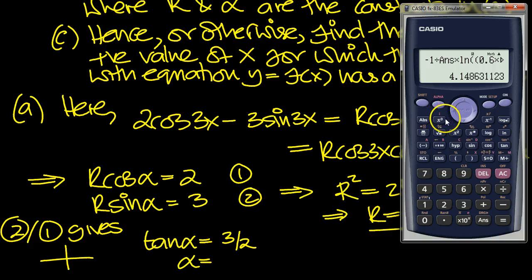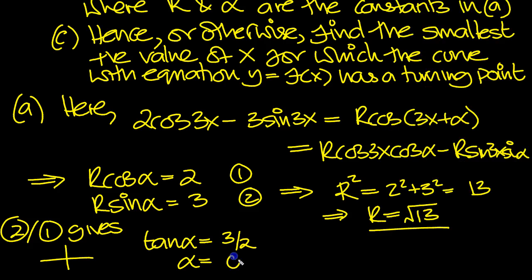We need to work in radians, so we're in radians mode, shift tan of 1.5, which is 3 over 2. And we get, in radians, 0.983 to three significant figures.